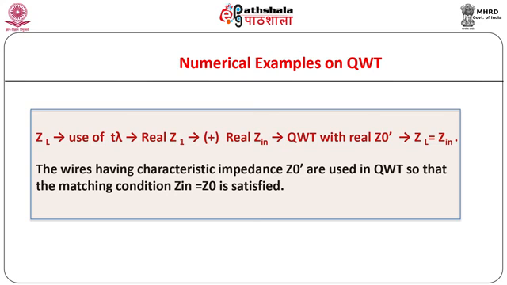This real impedance Z1 is converted into real input impedance Zin with the help of QWT having real valued characteristic impedance Z0'. The wires having characteristic impedance Z0' are used in QWT so that the matching condition Zin equal to Z0 is satisfied.